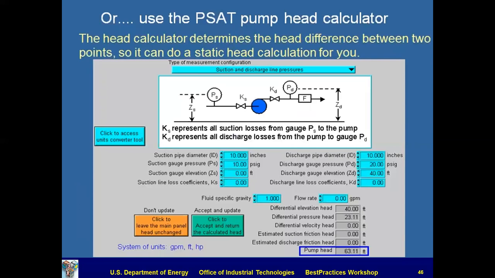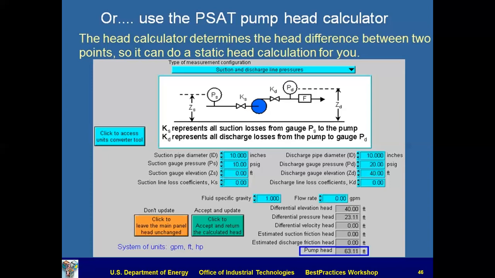Okay, or we can go to PSAT. This is actually the pump head calculator, and we're kind of tricking it into calculating the static head. If you look at the aqua blanks, those are the inputs. So we put in the same pipe diameter, which would be 10 inches on suction and discharge. We put in our gas overpressures: on the suction side, it's 10, and on the discharge side, it's 20.